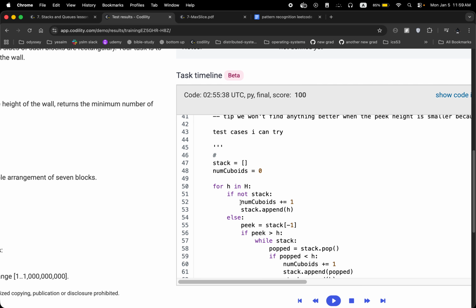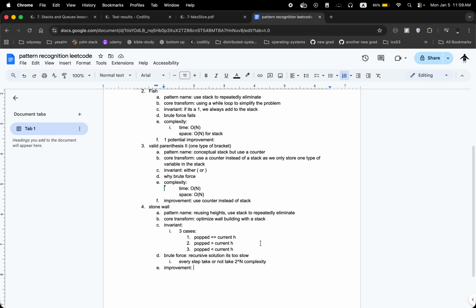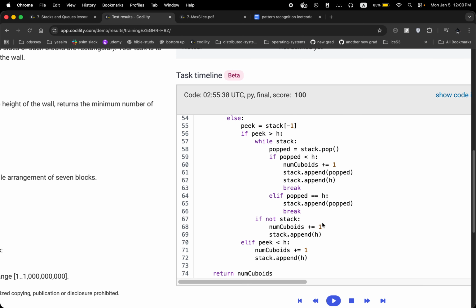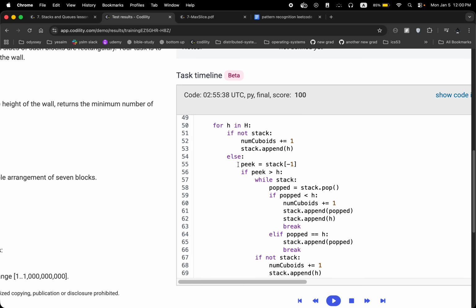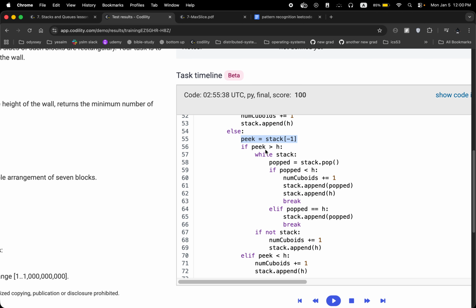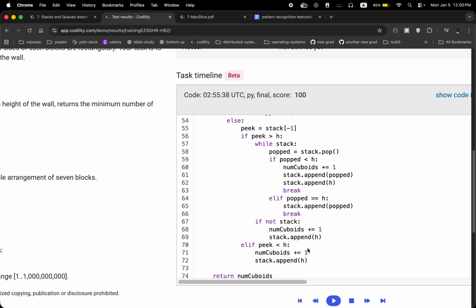I don't think so, after the first one. So that's a potential improvement: remove the stack check out of the array. And yeah, this if statement gotta go. It's very inefficient to check that every iteration. And let's see, peak is -1. I think that's fine because we're using that in every single condition here. If peak equals h, we don't do anything. That's fine.